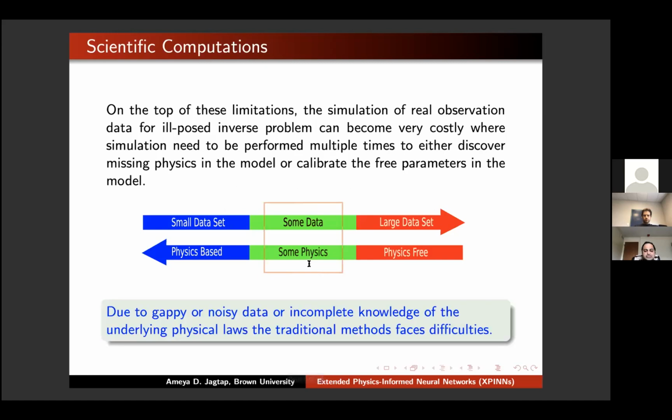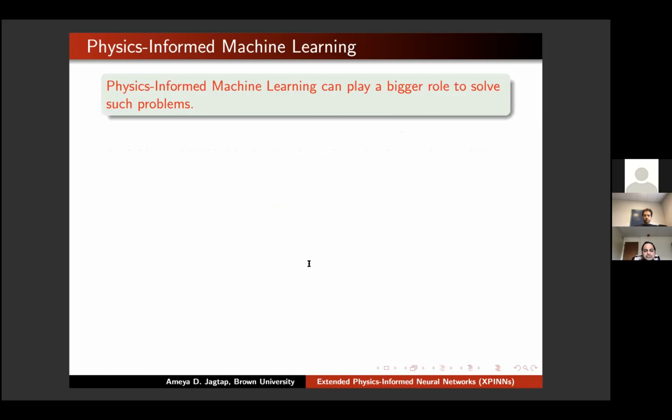Due to such gappy or noisy data, or incomplete knowledge of the underlying physical laws, the traditional method faces difficulty. It's really difficult to solve this kind of problem using traditional methods. In this case, physics-informed machine learning can play a bigger role to solve such problems.